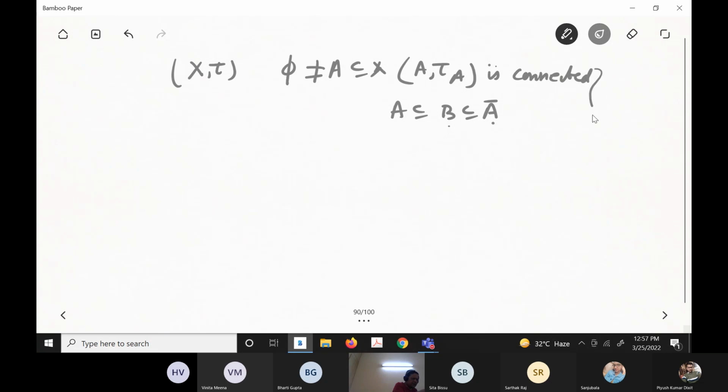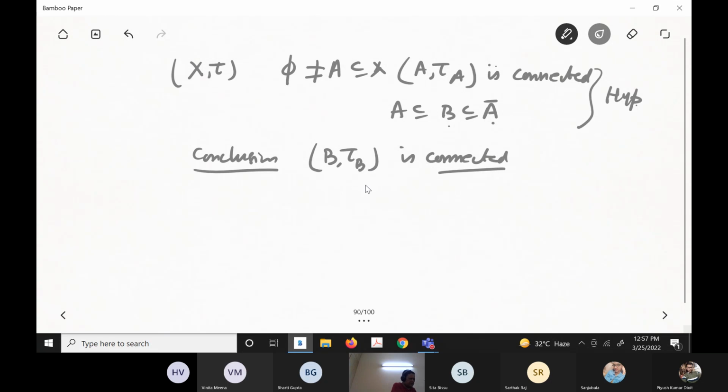This is the hypothesis, and then the conclusion. I didn't go through the subspaces on that because that would be tricky, inconvenient. I went for the functional characterization of connectedness.